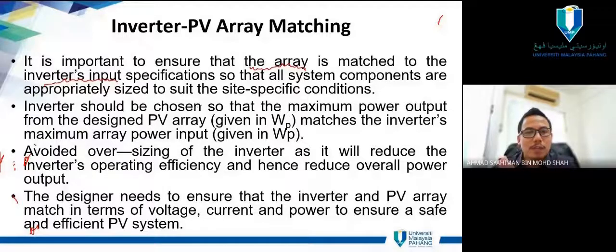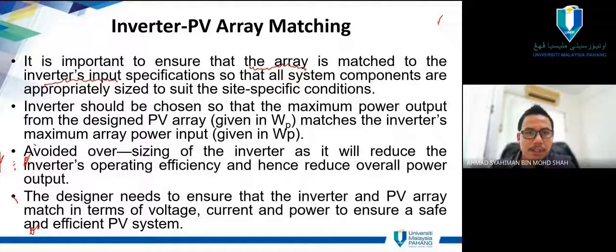We have to make sure that the output voltage from the PV array, through the cable, to the input of the inverter matches. Maksudnya tak boleh oversize, tak boleh too big or too small lah the values. If too small, maybe you cannot turn on the inverter. That's why it is very important to match the voltage between these two equipments.